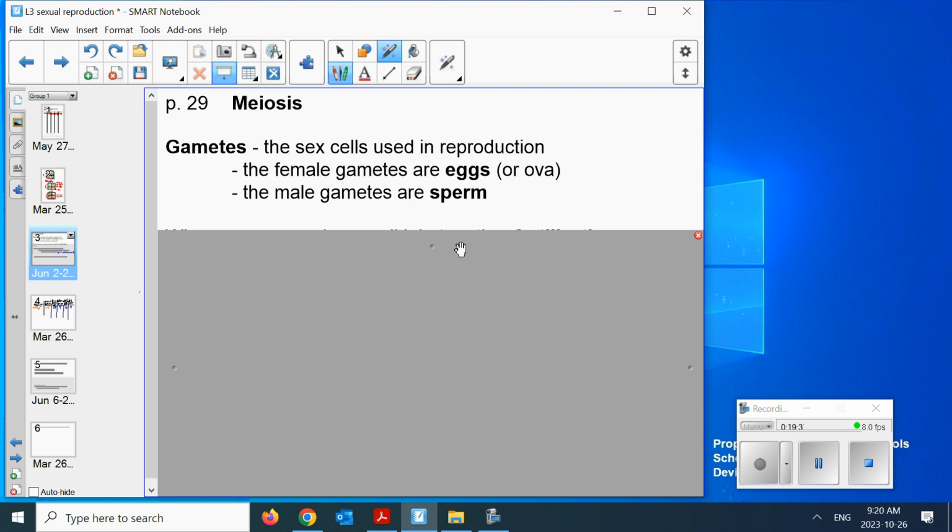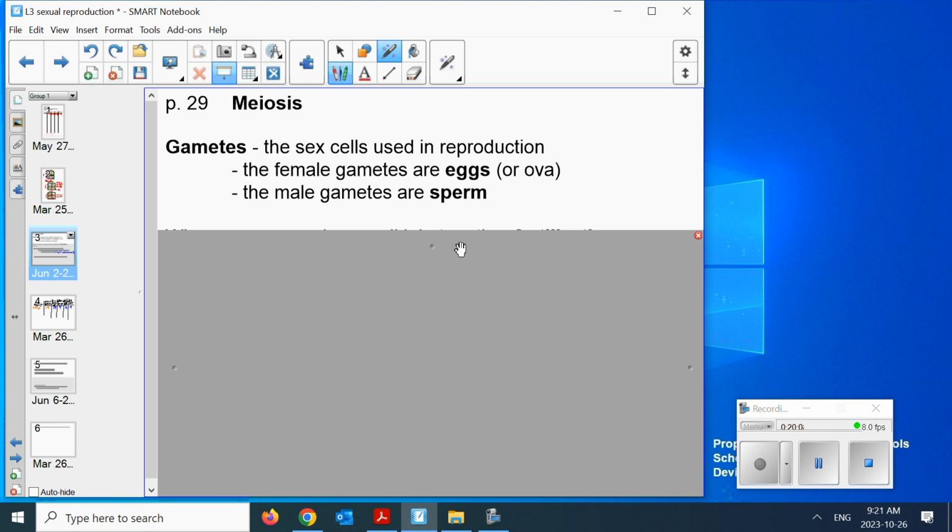Otherwise, we'd have a messed up situation. You have 46 chromosomes, 23 pairs, right? But if each parent passed on 46, you'd be up to 92. And then the next child would go up and up. That doesn't work, right?